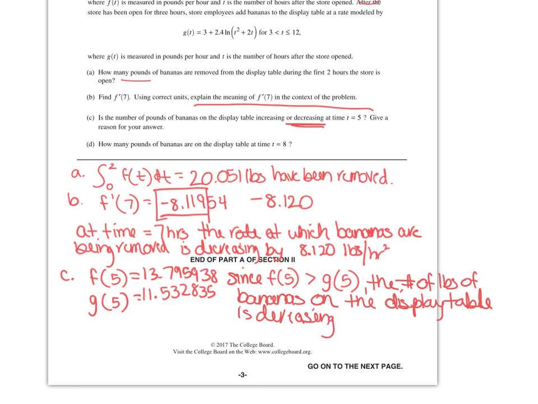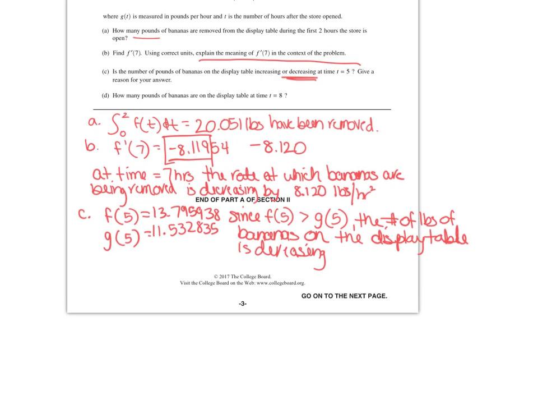Okay, and then the last part, how many pounds of bananas are on the display table at time equals 8 hours since the store has opened. Let's think about this. At time equals 0, right when it opens, there are 50 pounds. Now in that 8 hours, we're going to subtract the total number of bananas removed, and that total comes from the integral of the rate at which the bananas are being removed.